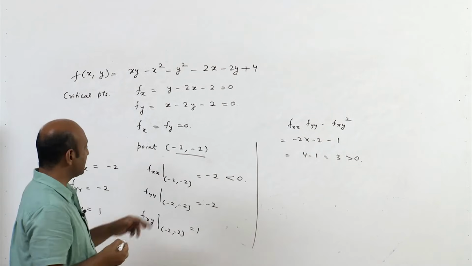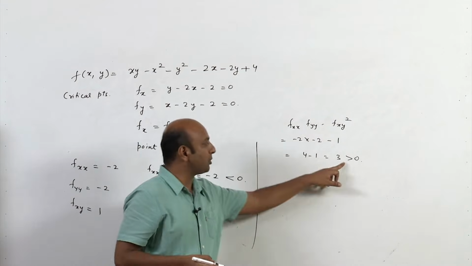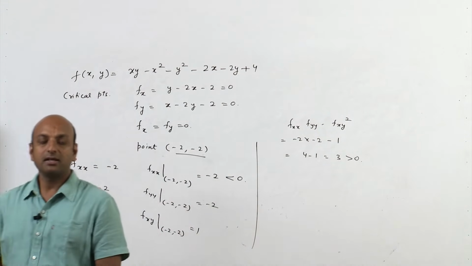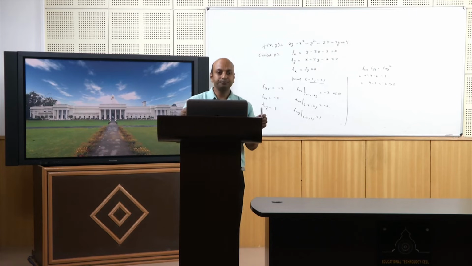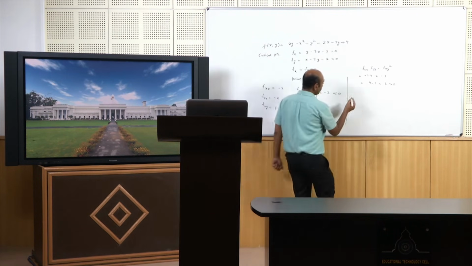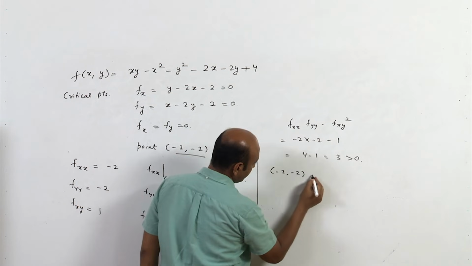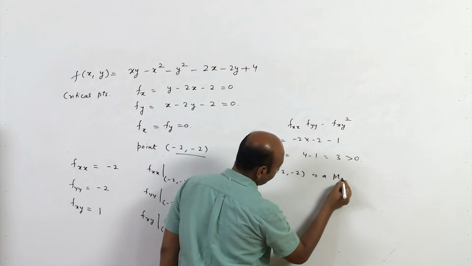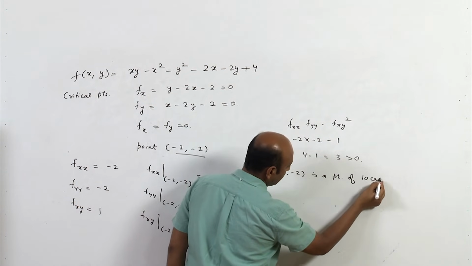So fxx is negative and this value is positive, that means from this result this point is a point of local maxima. So the point (-2, -2) is a point of local maximum.